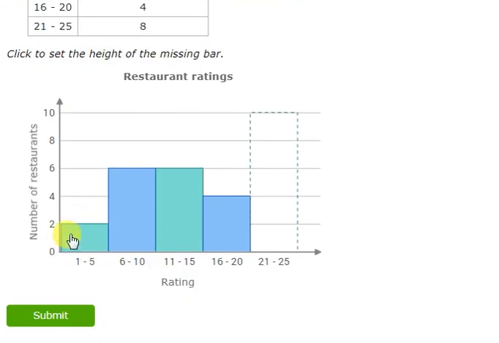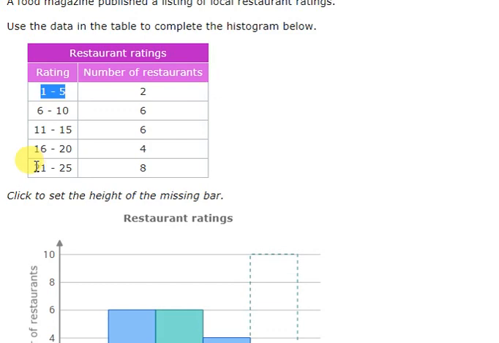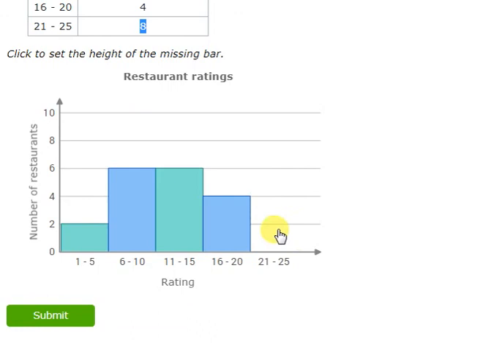We need to put the number of restaurants which have ratings in the range 21 to 25, and from here we can say there should be 8 restaurants. So we will count up to 8 on the y axis, the number of restaurants, so this is the bar that should be made here, right?